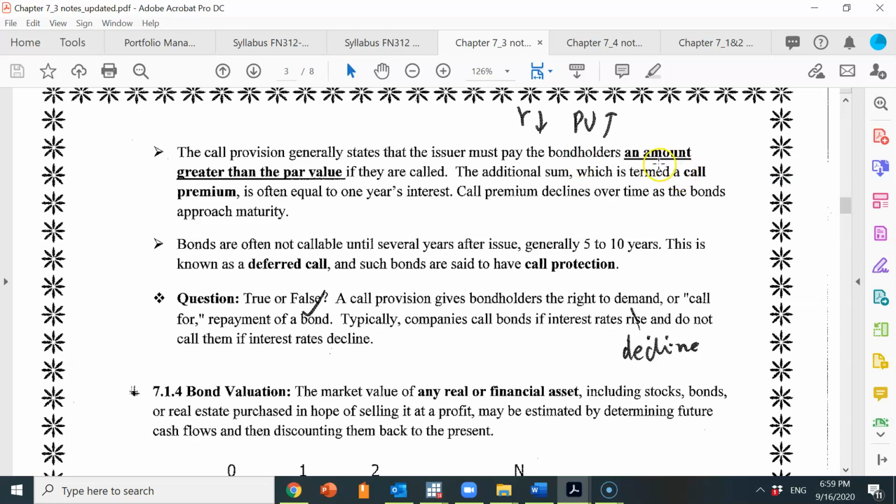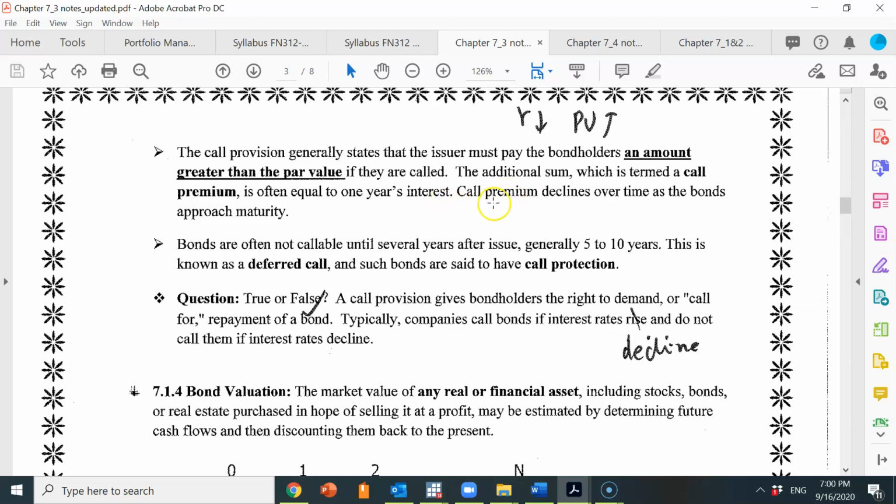So the amount of money you receive on the call date is usually larger than the par value you could have received at the maturity date. The additional sum, which is called a call premium, is often equal to 1 year's interest.